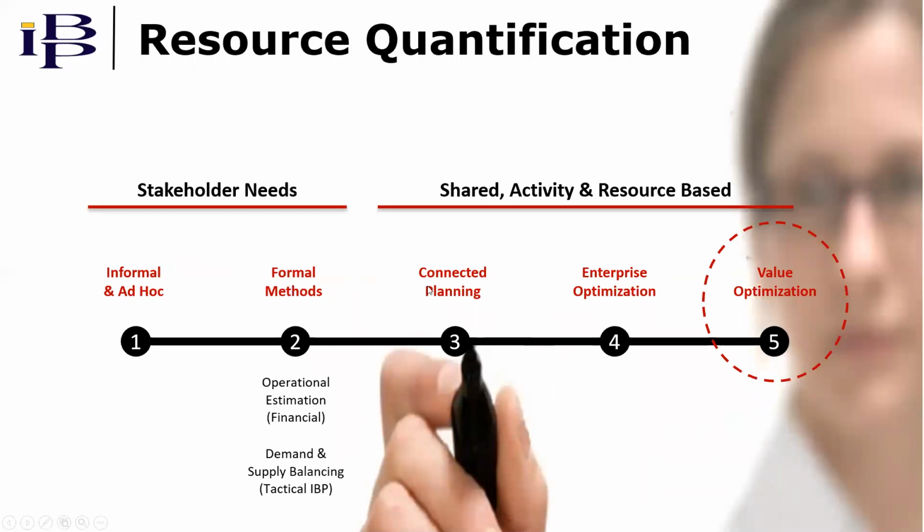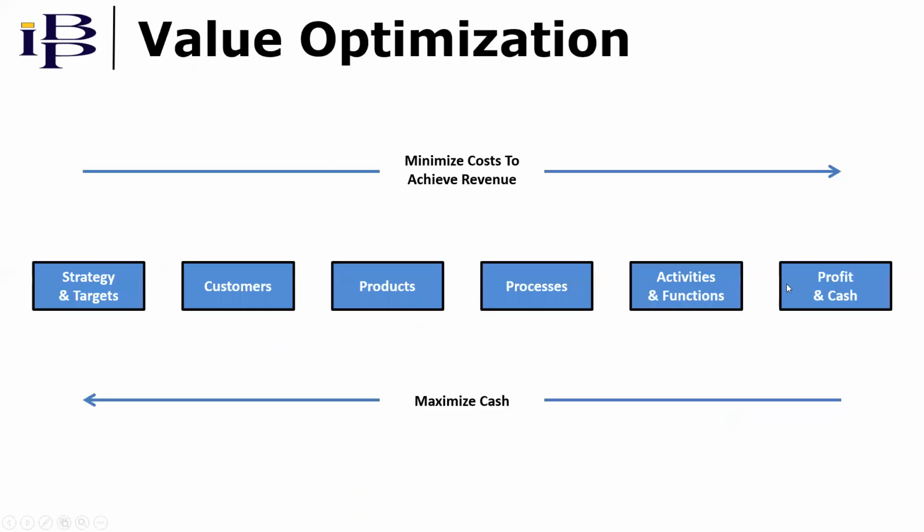So we've talked about connected planning and enterprise optimization. Now let's turn our attention to value optimization. I'm not going to spend a ton of time on this one, but what we've talked about to this point is the ability to translate strategies and targets to customers, products, processes, activities, and functions. In the previous stage, we were given a certain target, say a revenue target, and we were trying to minimize the cost to achieve it.